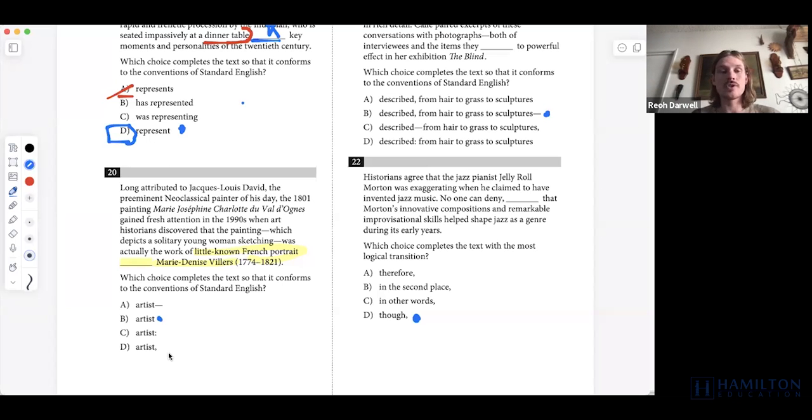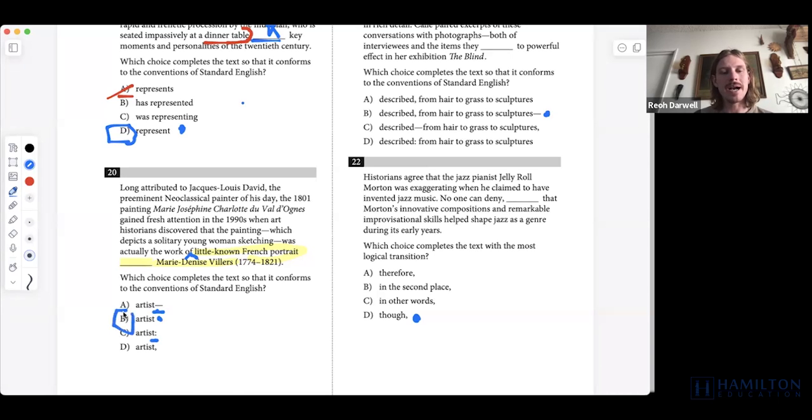So answer choices A, C, and D all could be correct if only one thing was different about this question. If right here, between of and little known, we put the word a, the work of a little known French portrait artist, now we would have an independent clause before the punctuation after the word artist. Everything before the colon or the dash would be an independent clause.